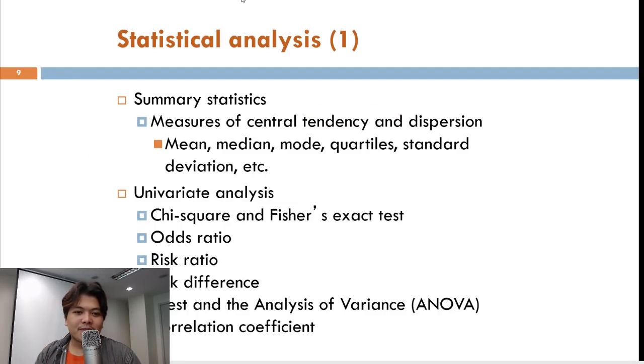Now let's talk about a bit of what you have learned in the previous lectures. You have learned about summary statistics, right? Summary statistics consists of measures of central tendency, measures of dispersion, and measures of location. Under your measures of central tendency, you have your mean, your median, and your mode.